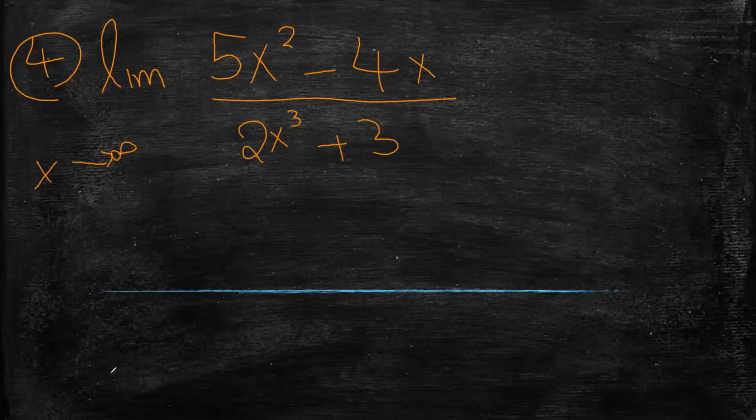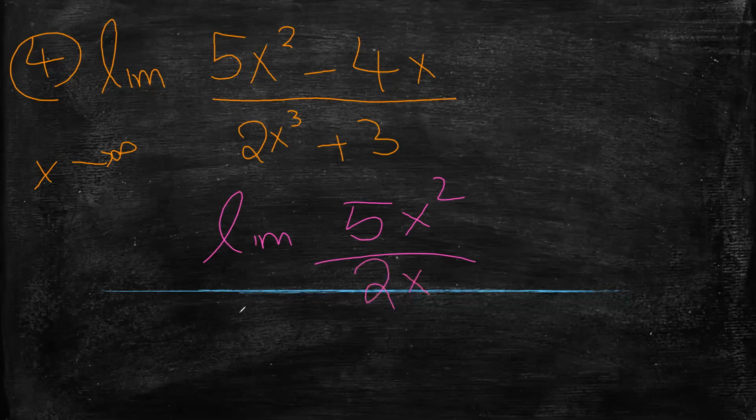Now, what is the highest degree in the numerator? 5x squared. And in the denominator, 2x cubed. Then after that, I will simplify.